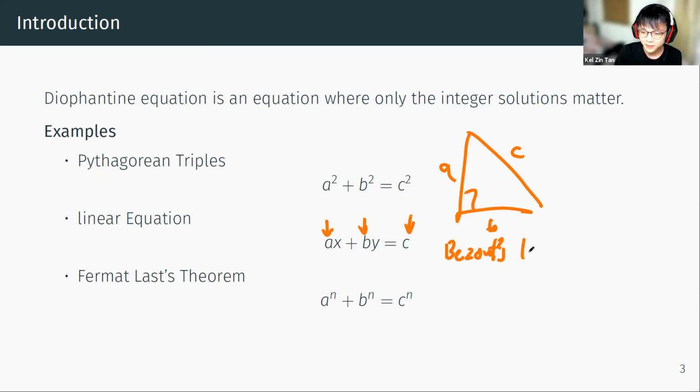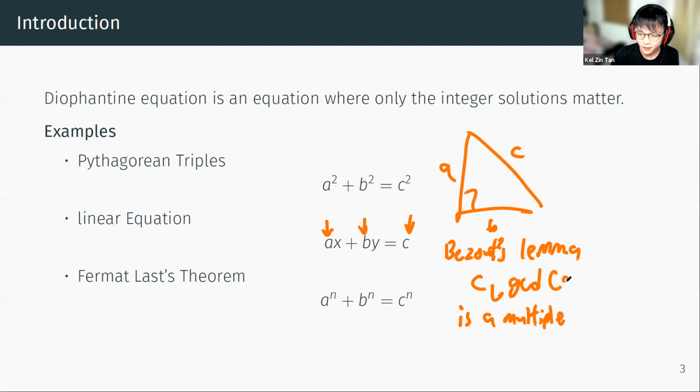I don't think I spelled it correctly, but yeah. So basically, if C is a multiple of the GCD of A and B, then the solution exists. Yeah, so this is the one for the linear equation. It's okay if you are not familiar with it, it's fine.